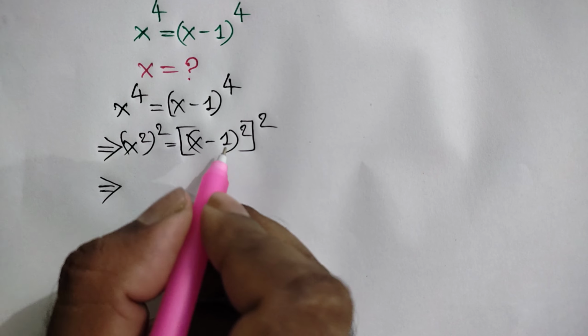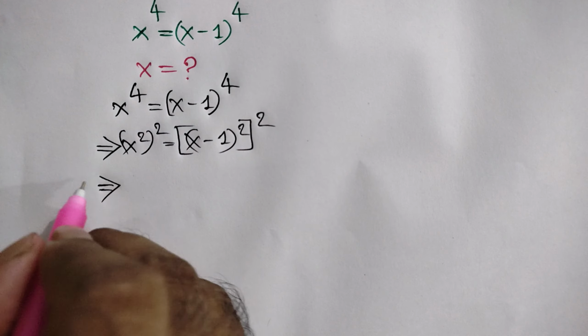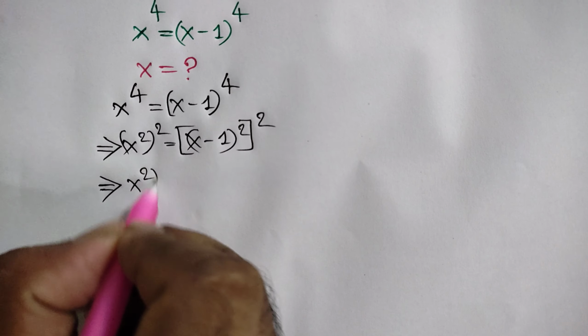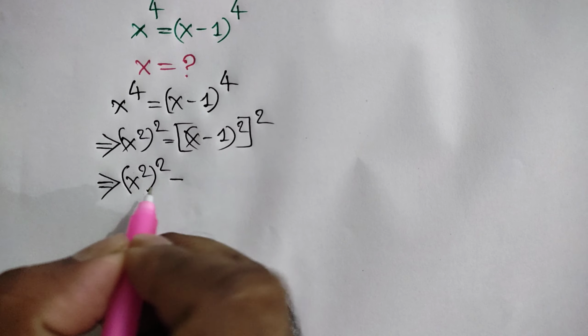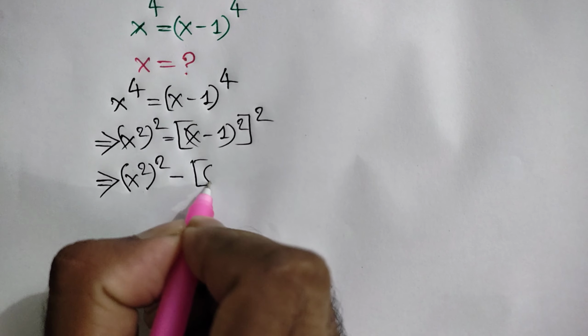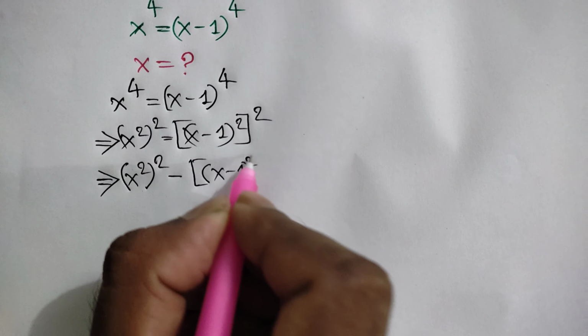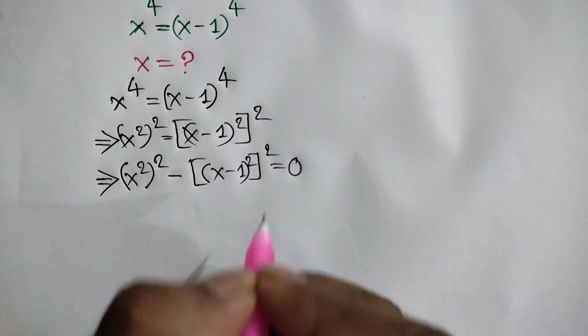Now taking this to the left side, we can write (x²)² minus ((x − 1)²)² is equal to 0.